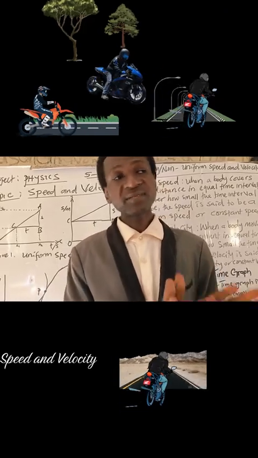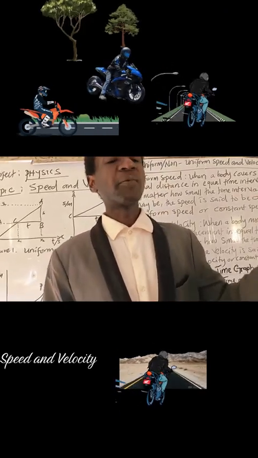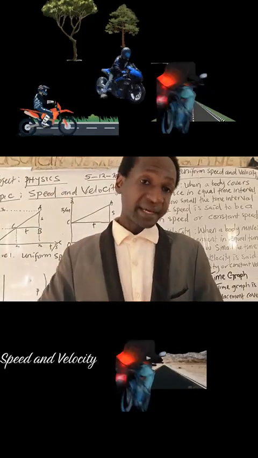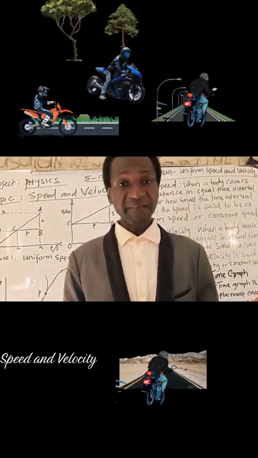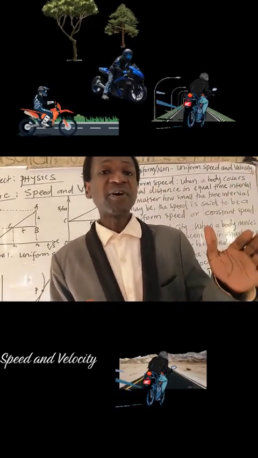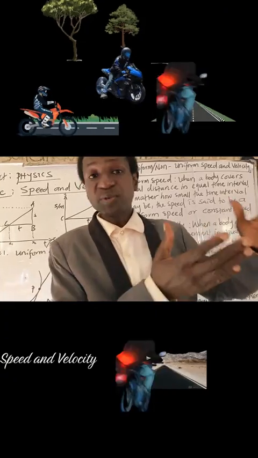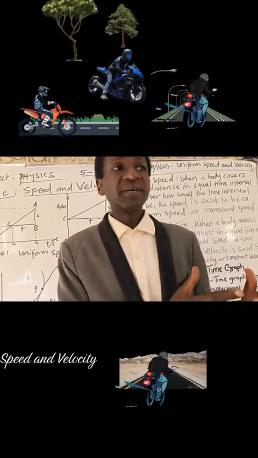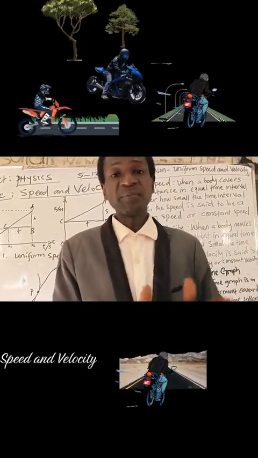The total distance covered is 40 meters, while the total time taken is 8 seconds. So 40 divided by 8, we have 5. So 5 meters per second is the uniform velocity of the motorcyclist.